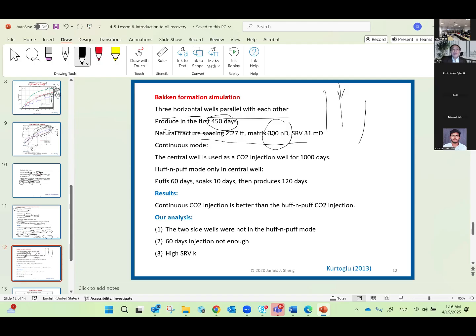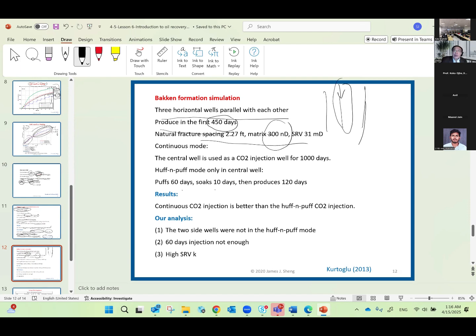And then Huff-n-Puff mode only in the central well. Puff 60 days, soaking 10 days, then produce 100 days. Okay, so among these 3 wells, only 1 well is Huff-n-Puff. The 2 other wells just have continuous injection.